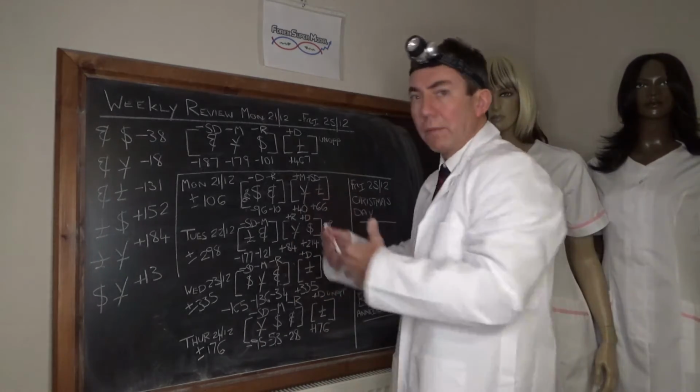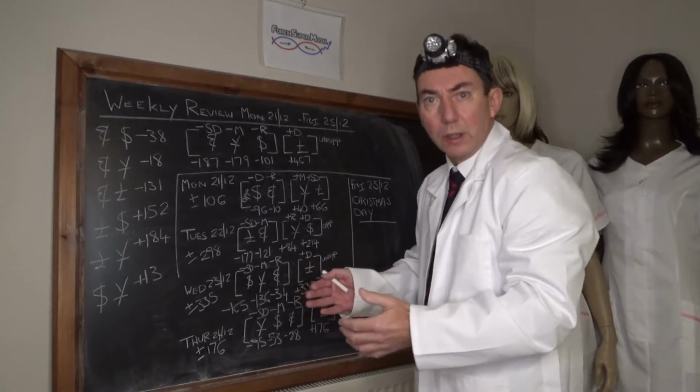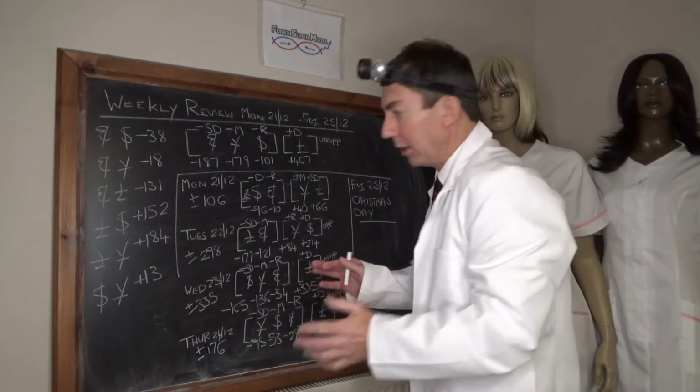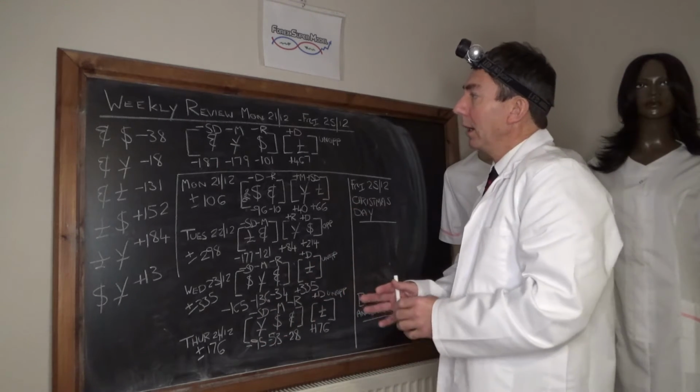So let's just wrap this up. It's going to be a bit shorter this week, obviously, because A, we're not having to do a variance analysis, and B, we've got a slightly shortened week.